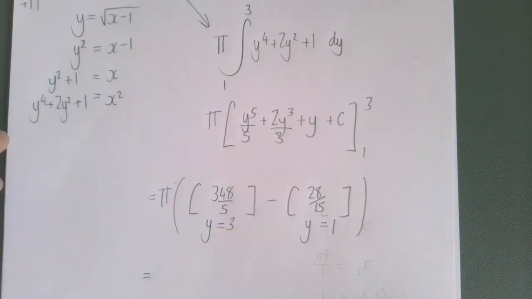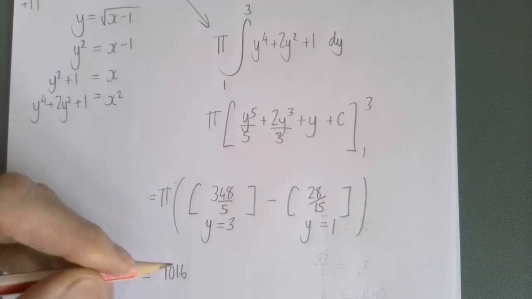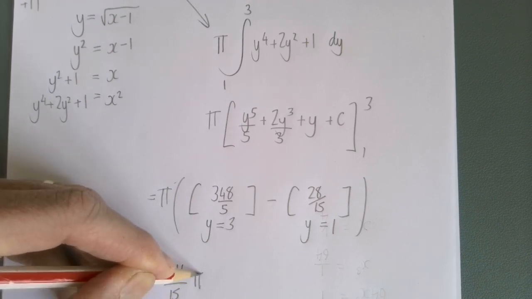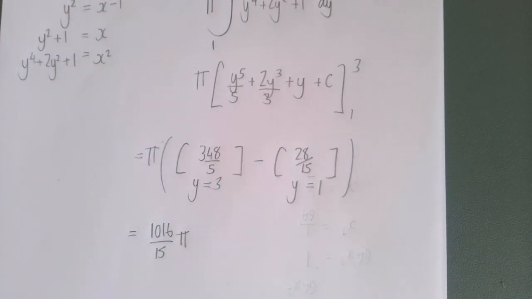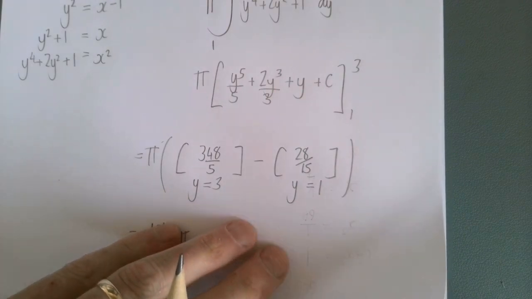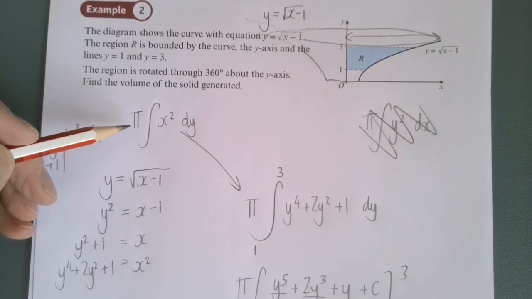Don't forget the pi, so I've got 3, 4, 8/5, take away 28/15, and that's going to be a rather horrible 16/15 pi.